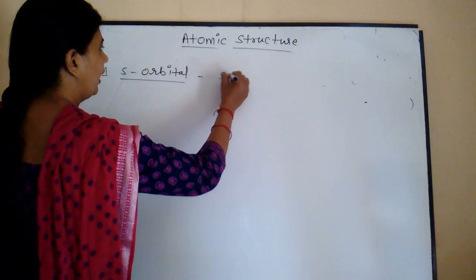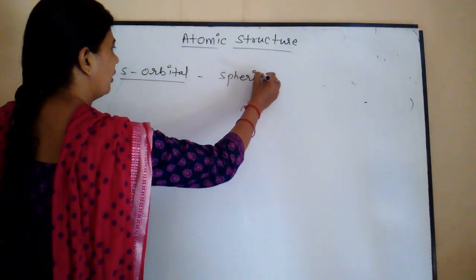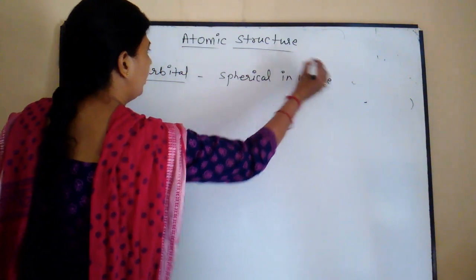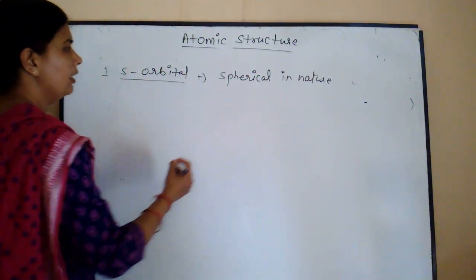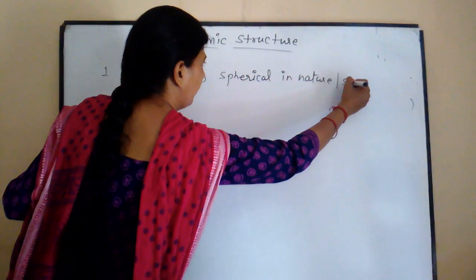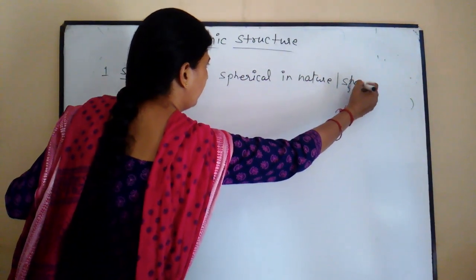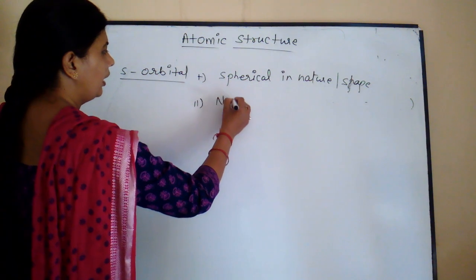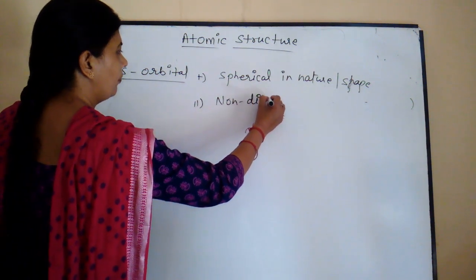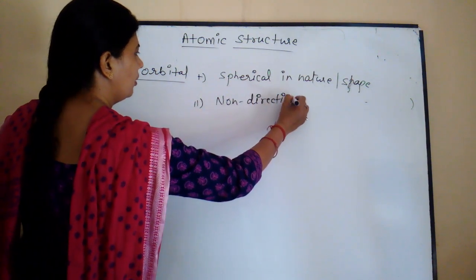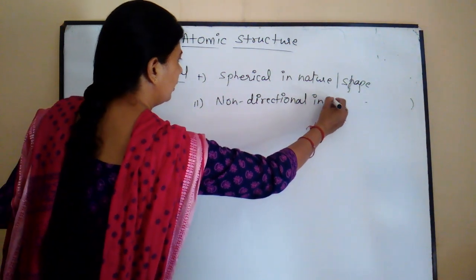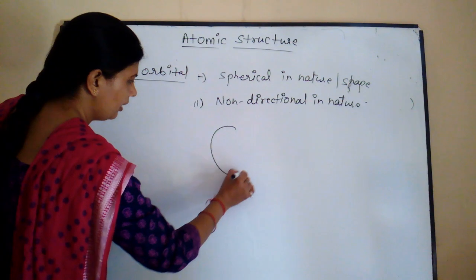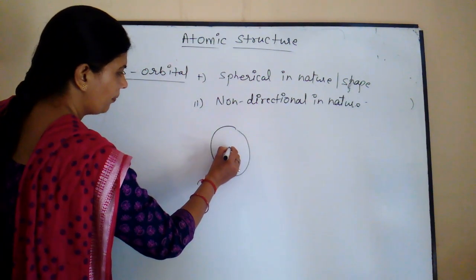All the s orbitals are spherical in shape. They are spherical in nature. That means they are non-directional in nature, having no direction. Their shape is spherical.